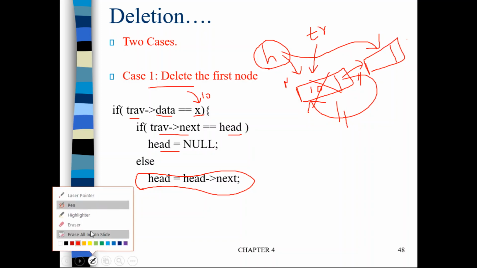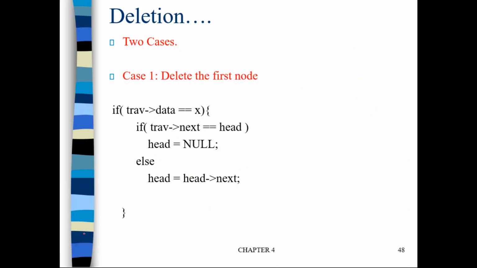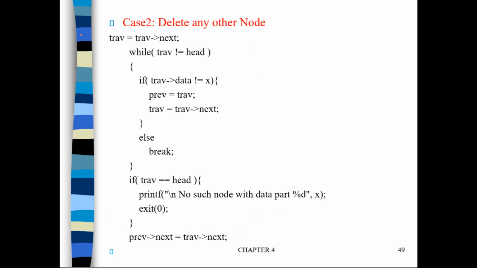If you want to delete any other node, then it is the else part. This logic is quite similar to the insert logic. Again, you say traverse equals traverse arrow next. Let us assume we want to delete the third node.